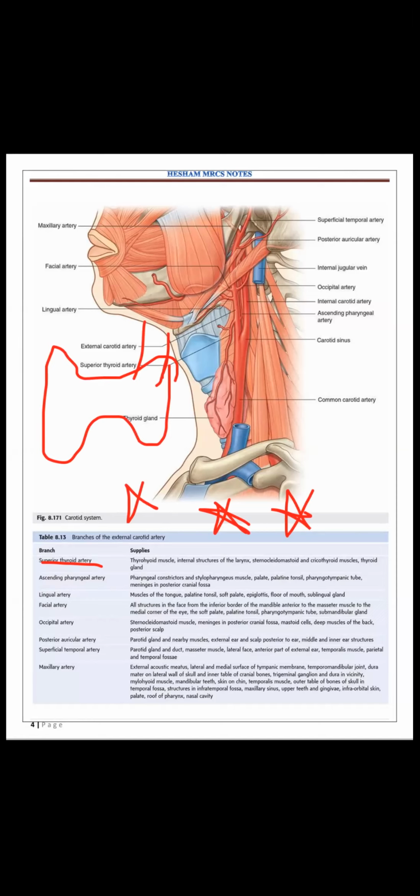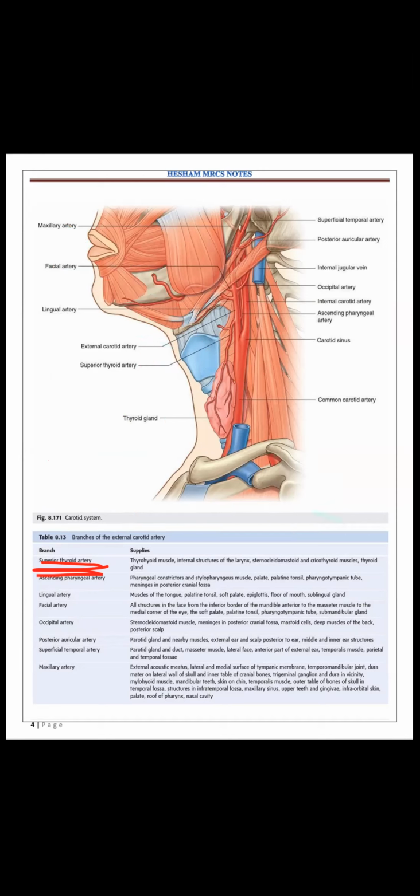They are related to the hyoid. You have infrahyoid branch, sternomastoid branch, cricothyroid branch, and thyroid branch. So this superior thyroid artery gives you infrahyoid, cricothyroid, and sternomastoid branches.